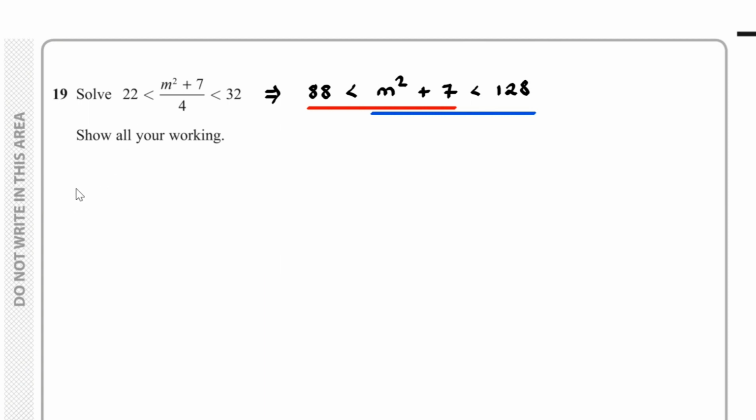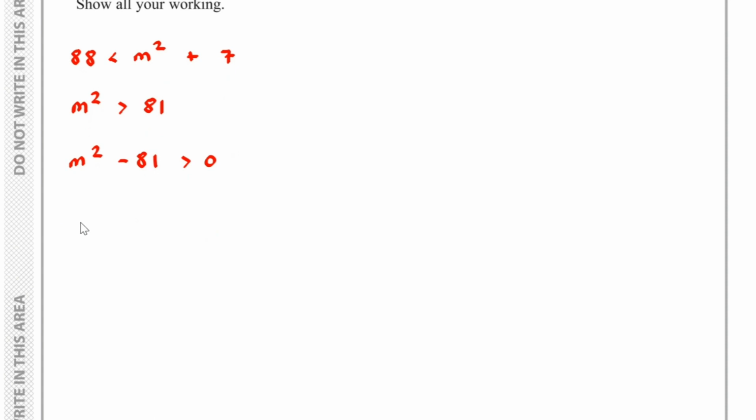So if I focus on the 88 being less than m squared plus 7, well, subtract 7 from both sides, so we have m squared is greater than 81. m squared subtract 81 is greater than 0, so we have m minus 9 times m plus 9 being greater than 0.